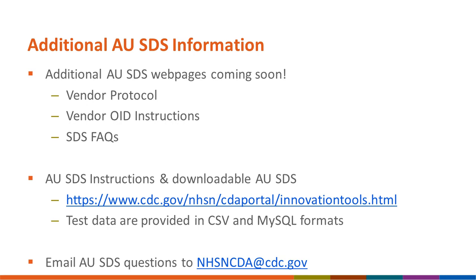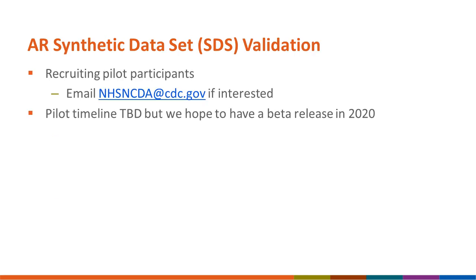The detailed AU SDS validation instructions and the downloadable AU synthetic data set are posted on the CDA Submission Support Portal's Innovation Tools website. The test data are provided in both CSV and MySQL format. Please don't hesitate to reach out to us at nhsncda@cdc.gov if you have any questions about AU SDS validation.